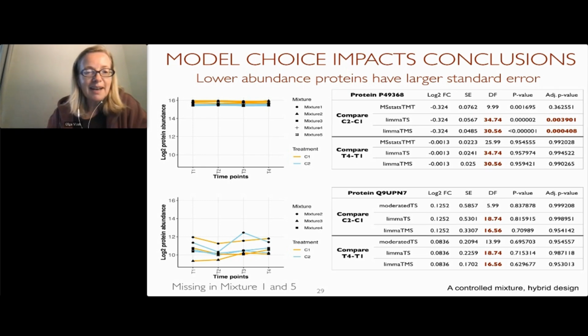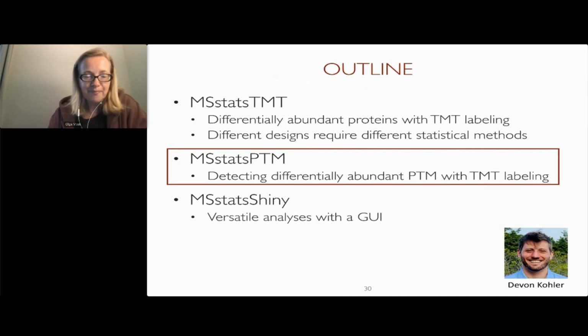This is a protein where nothing really happens between times and there is a very small change between conditions. So limma will think that we have exactly the same amount of information for both, but MSstats will be able to show that for comparing conditions we have much less information than for comparing times. And so this makes a big difference in practice.